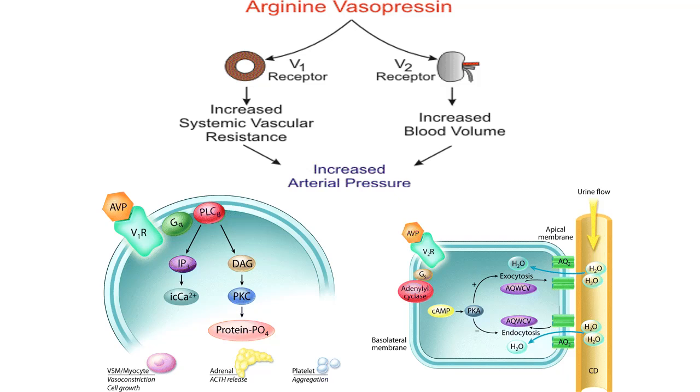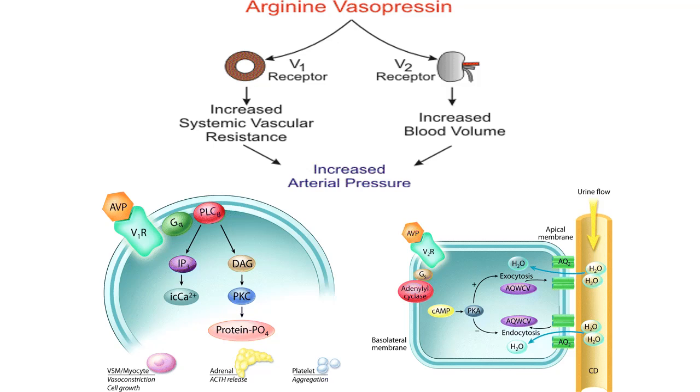As you can see, V1 receptors on the vessels act through Gq and phospholipase C and then produce IP3 and diacylglycerol. But V2 receptors in the kidney act through Gs and adenylyl cyclase, producing cyclic AMP as a second messenger.